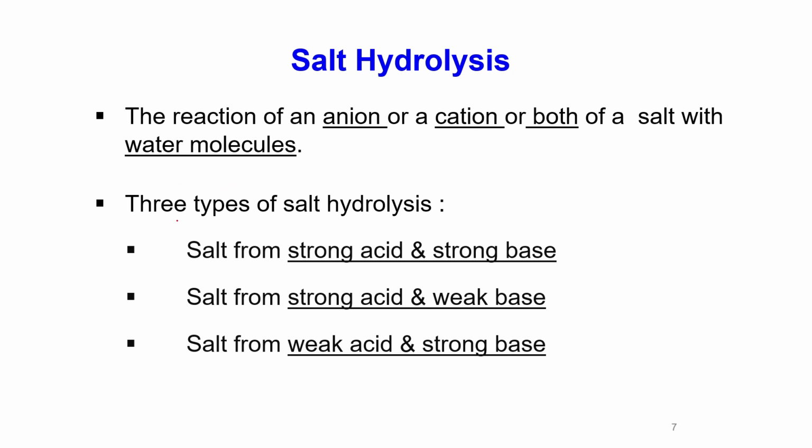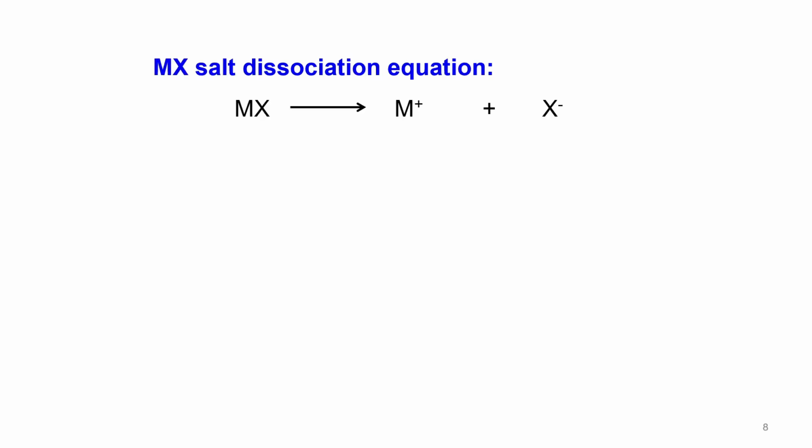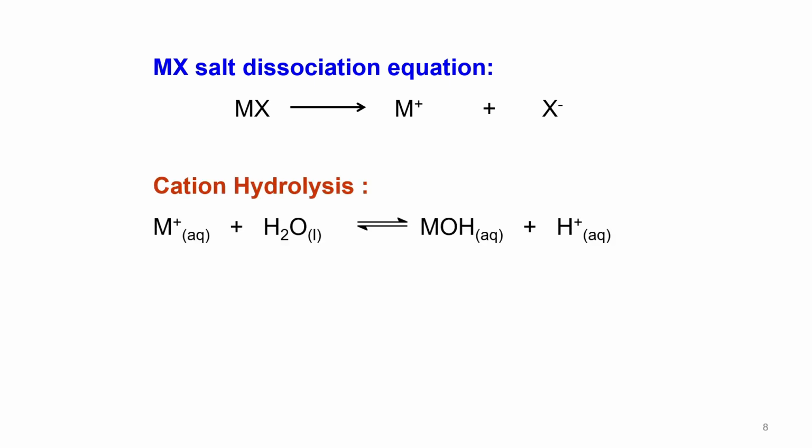Kita ada tiga jenis salt hydrolysis, which is salt from strong acid and strong base, salt from strong acid and weak base, and salt from weak acid and strong base. So MX salt dissociation equation will produce X minus and M plus.